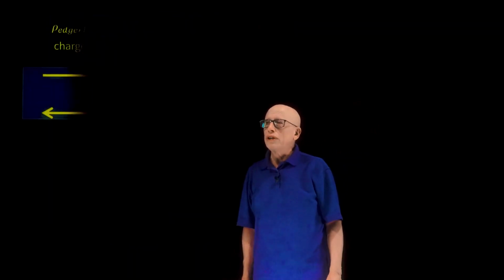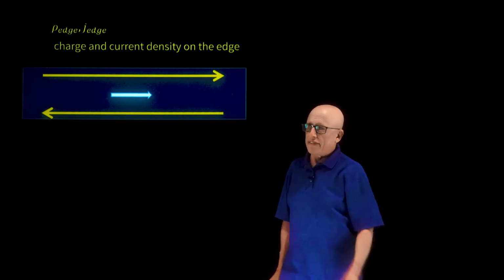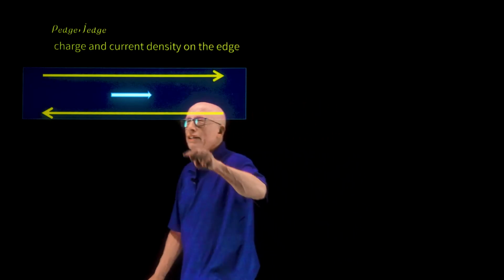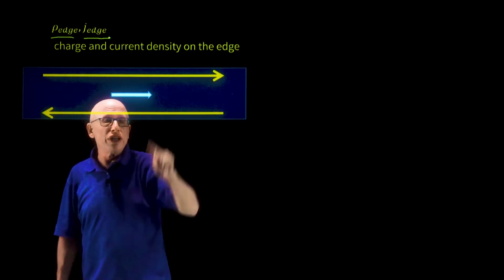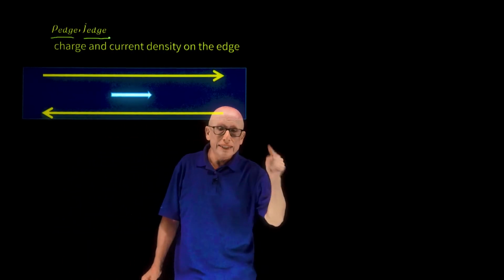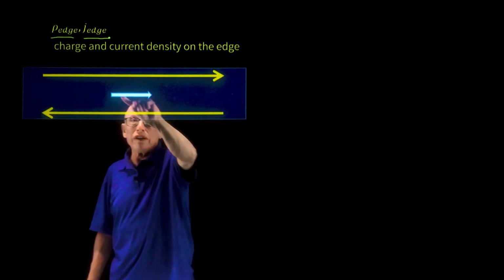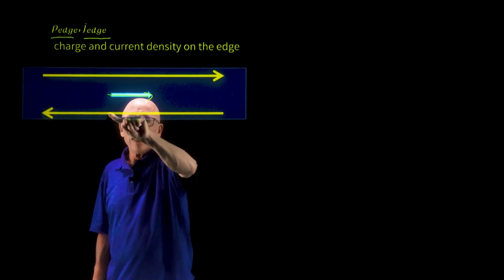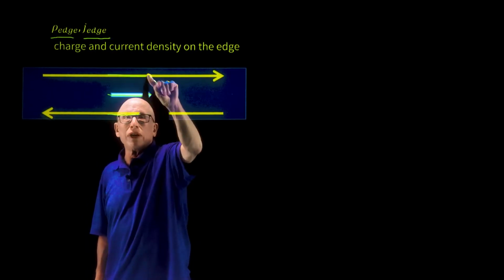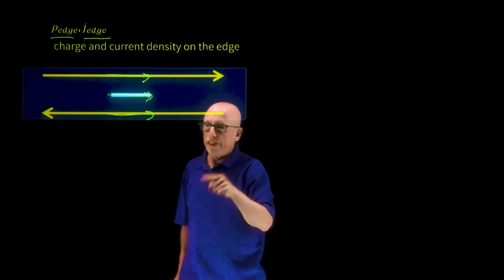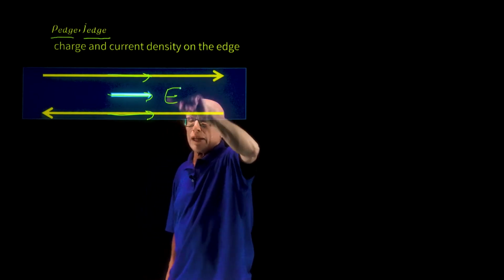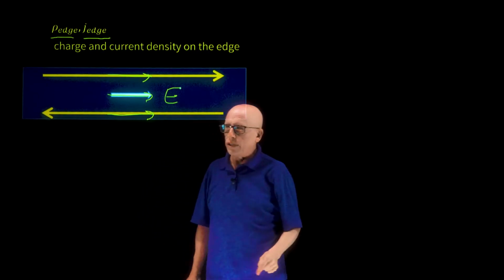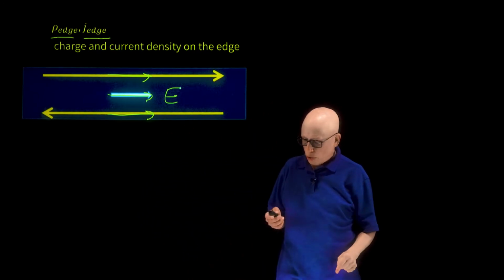First, let's look at this system and describe it in terms of the edge density and edge current on each of the two edges. And let's keep also an open mind to having an electric field operating everywhere in the sample, including on both edges. So this is the electric field, and it will get the subscript edge when we think about it operating on the two edges.